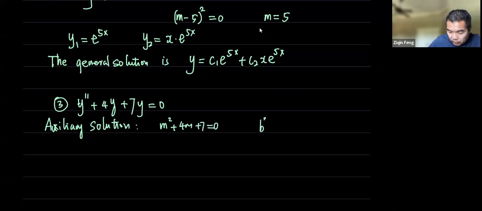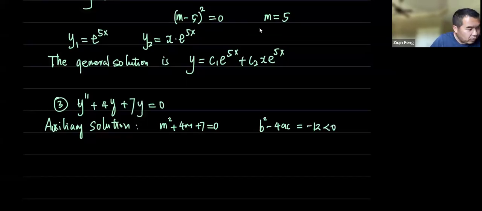So b squared minus 4ac is equal to 16 minus 28, which is negative 12. So this is less than 0.